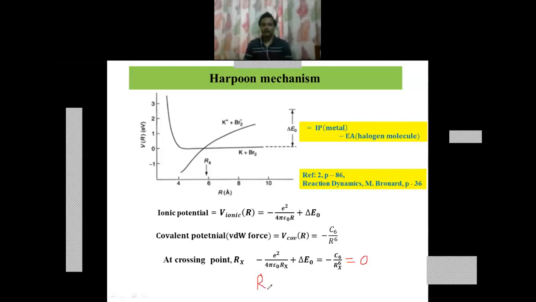So Rx is going to be this divided by delta E. That is e square divided by 4 pi epsilon 0, and I am going to have delta E 0.